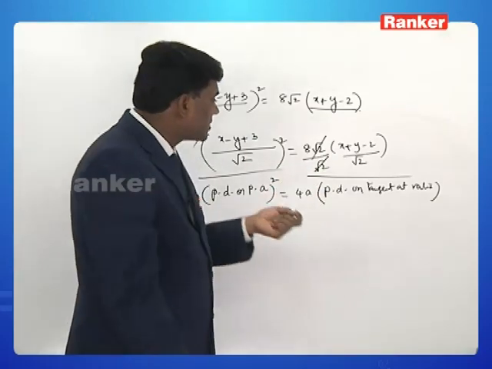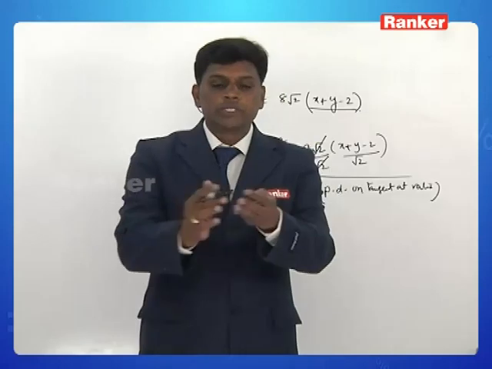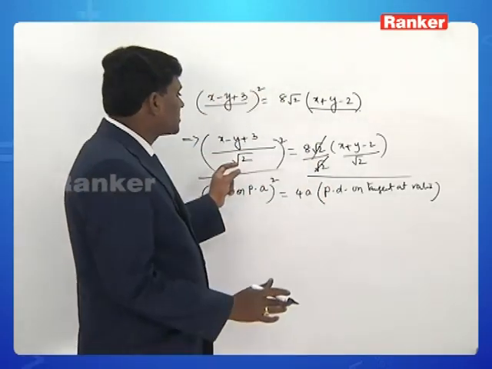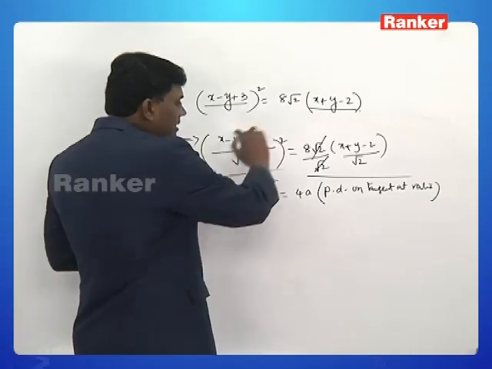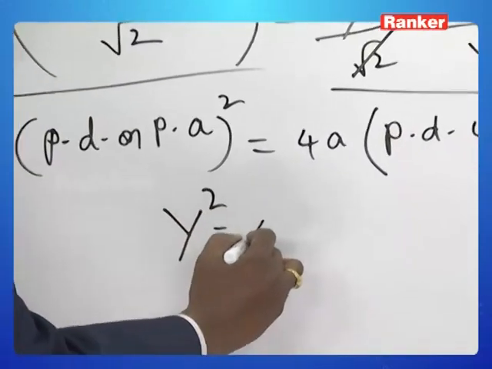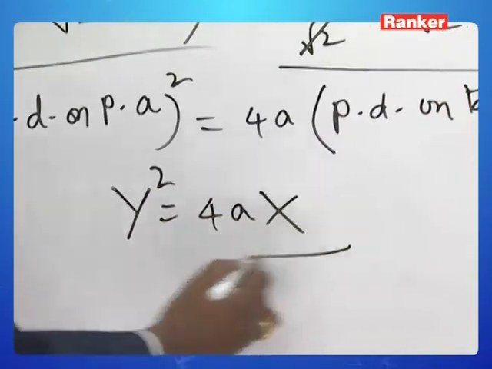Once we get the distance form, then we can use some assumptions. Before that we should never use assumptions. Now we can write this entire parabola into the simple form y square equals 4ax.